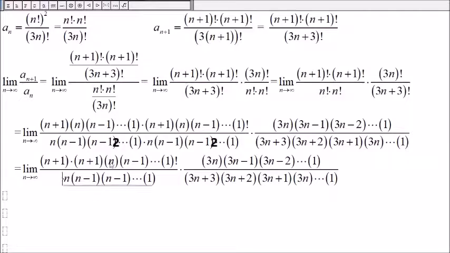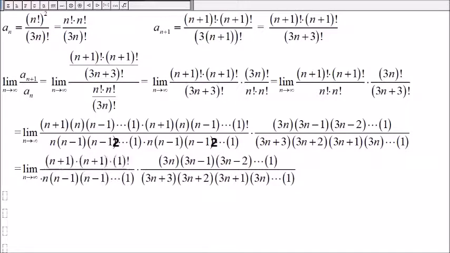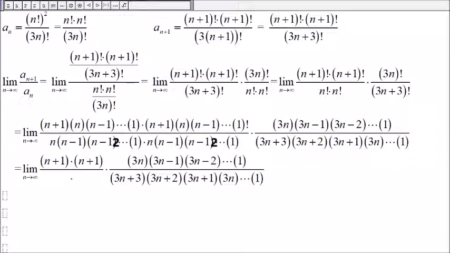And then this right here will cancel out with this. And so there's nothing here, so it means it's 1. And then over here, we can see that 3n, all of this, will cancel out with all of this. And so this is what's left.